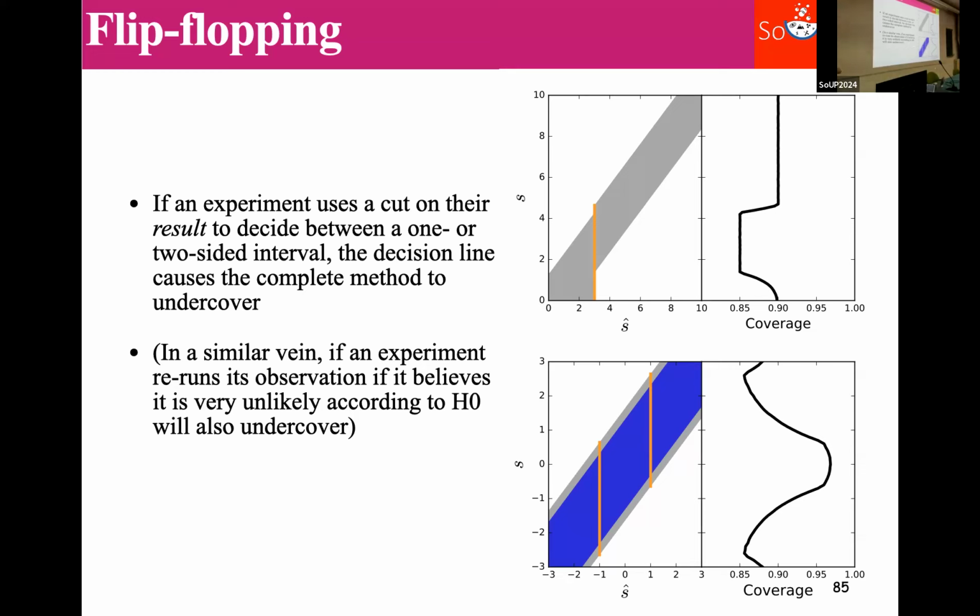And even in that case, you will get both under and over coverage here. So in general, it's important that you commit to these decisions before you do an unblinding. You should commit to these kinds of decisions before you actually look at the data. Otherwise, you will always wonder, did I choose one or the other based on what I saw in the data?